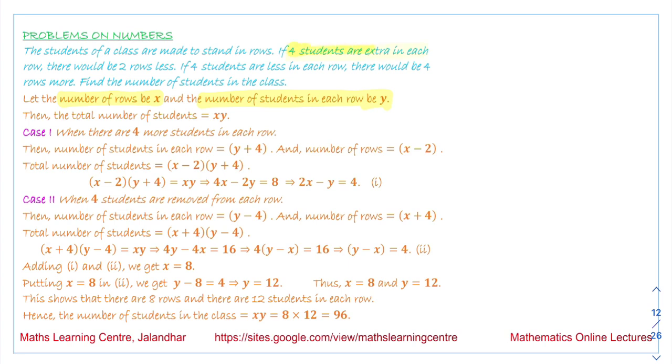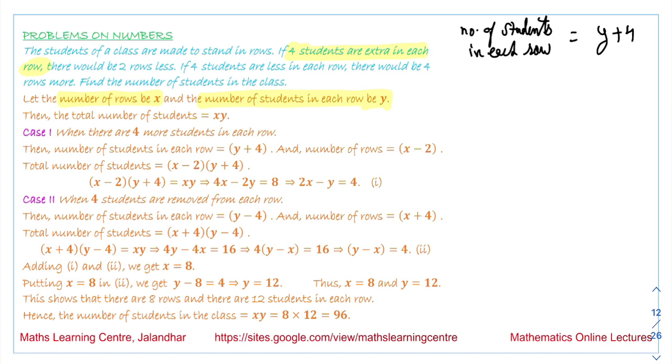If 4 students are extra in each row, the number of students in each row now will be y plus 4.